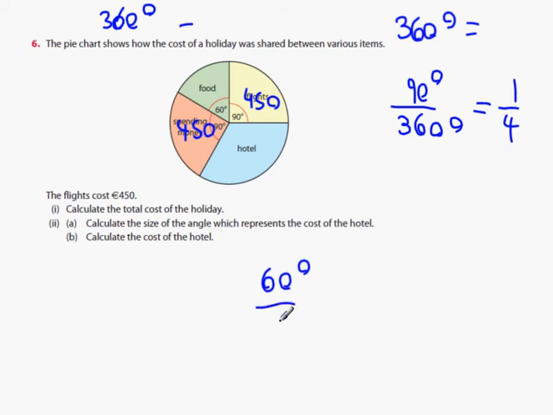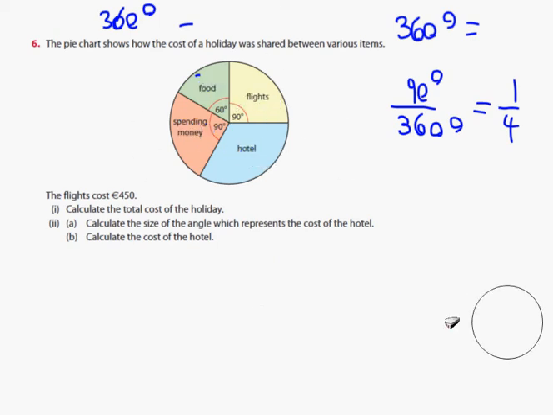So if you divide 60 degrees by 90 degrees, you get 2/3. That means 2/3 of the money. 2/3 of 450? 300 for food. You can take all of that away from the 1,800, right, and what do you get? 600.